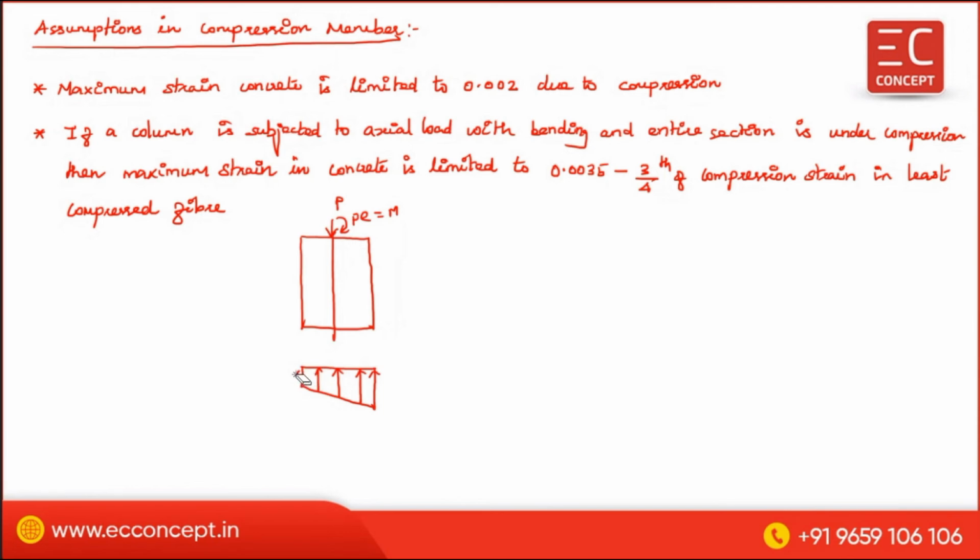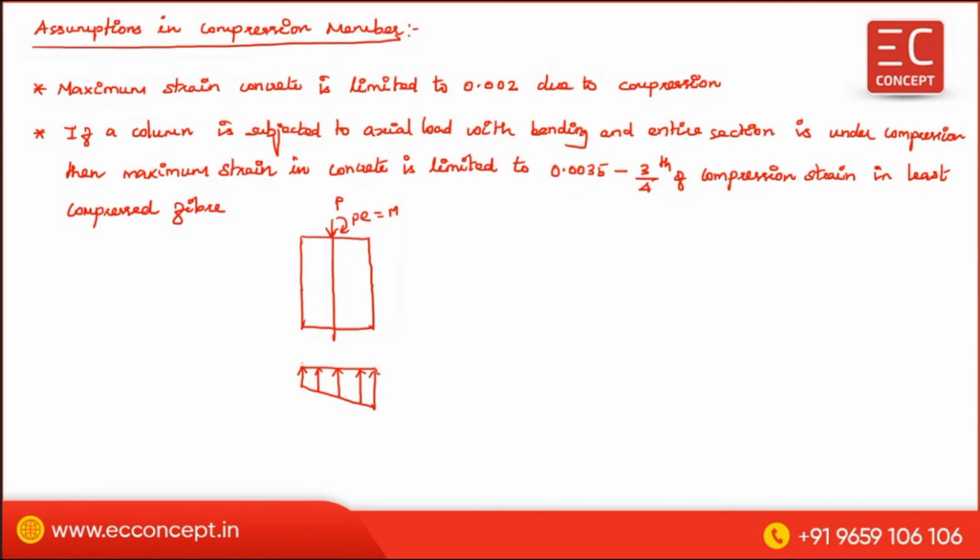Now for this case, that means axial load as well as bending moment, the maximum strain in concrete is limited to 0.0035 minus 3/4 of the compression strain in the least compressed fiber. So in this section, this is the least compressed fiber, the left side. The right side is the highly compressed fiber.